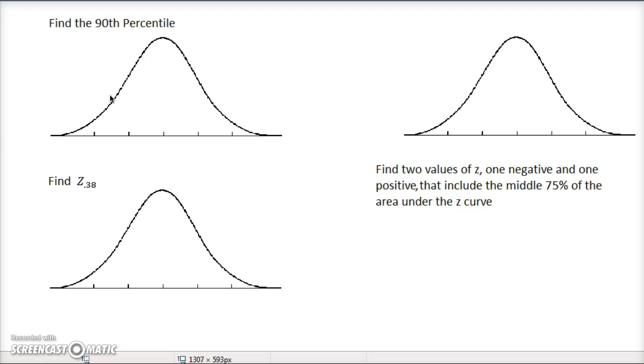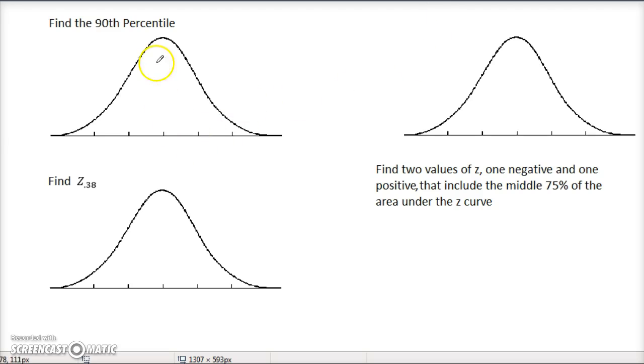And remember, the percentile is always defined as the value of z where that percentage, 90th in this case, is below it. So let's put this on the plot. I'm just going to use red so you can see it a little bit better.